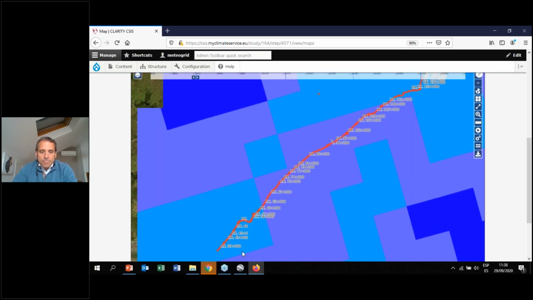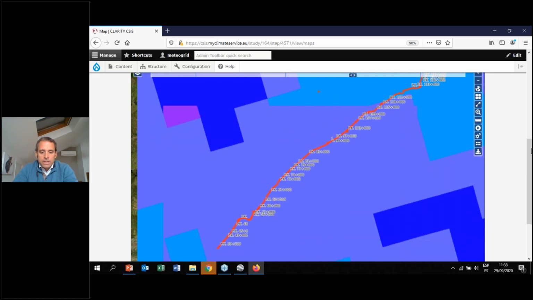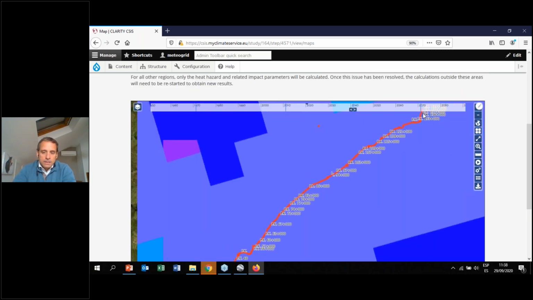We have lower precipitations here, higher precipitations as we move higher in the mountains. But if we go to the estimations for 2040, we are going to have more intense and heavy rains all along the road, and even in 2070.